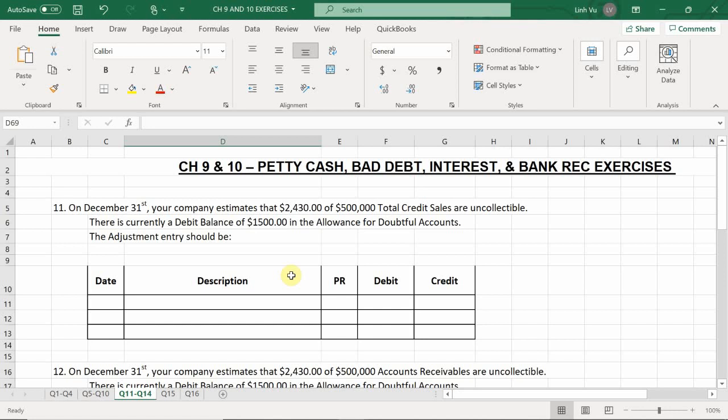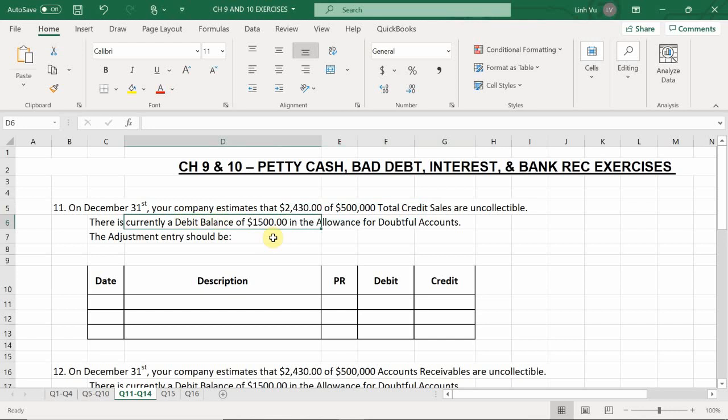The 11th says that on December 31st, your company estimates that $2,430 of its $500,000 total credit sales, that's the key word there, total credit sales, is to be uncollectible, and there's currently a debit balance of $1,500 in the allowance for doubtful accounts.